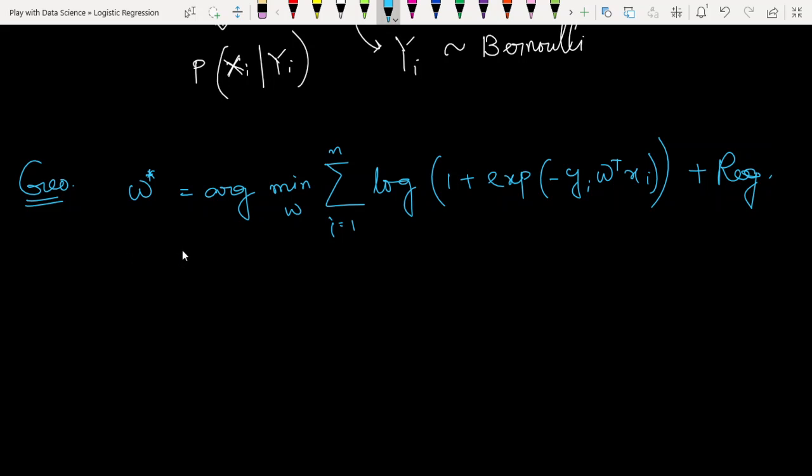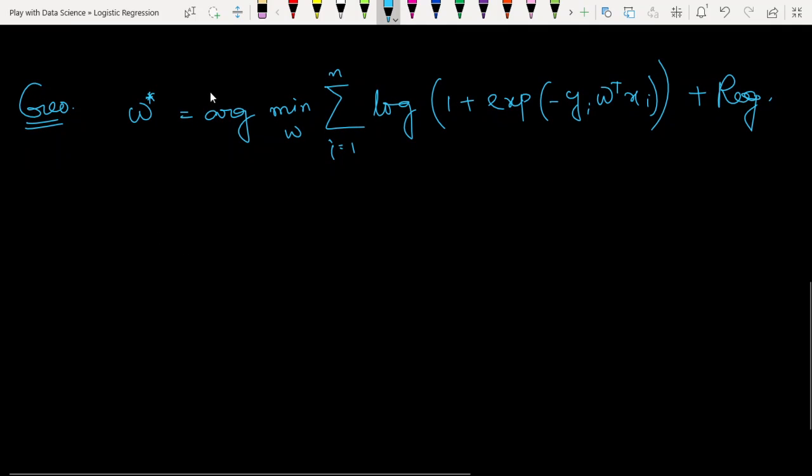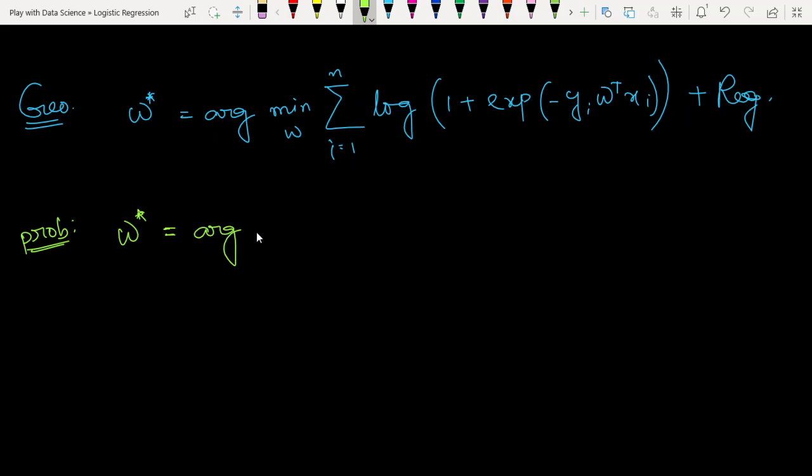This is the geometrical equation we have got. And then what is the probabilistic equation? From probability we got our W star. At the end of this lecture, we have seen that both equations are the same.